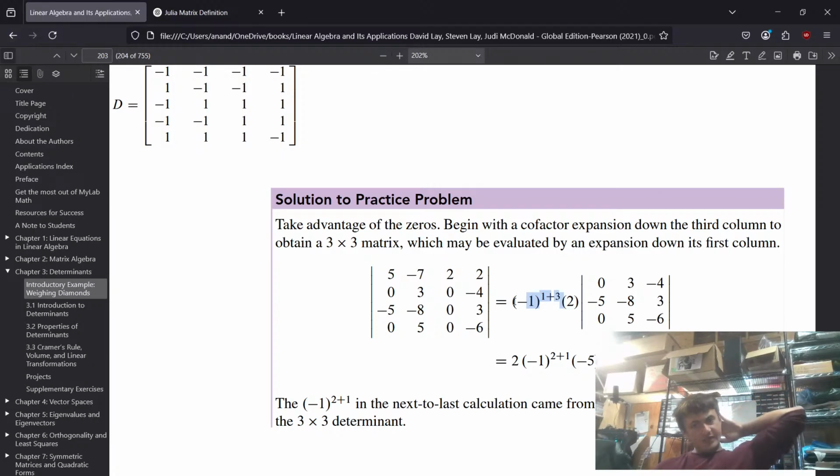So you get minus 1 to the 4 is 1. So you get times 2. Then you get minus 1. This is the second column, first row, so it's a 2, so that's a minus. So this is 2 times minus 1 times minus 5 times the det of this. All right, we got it.